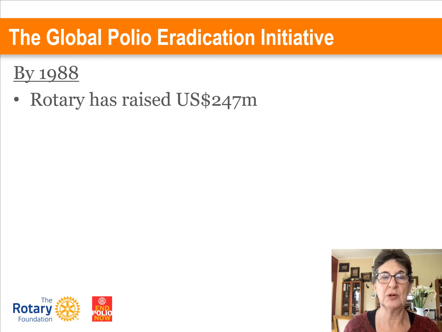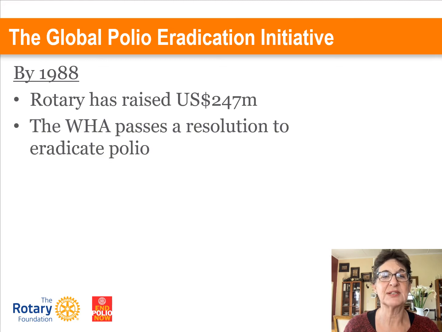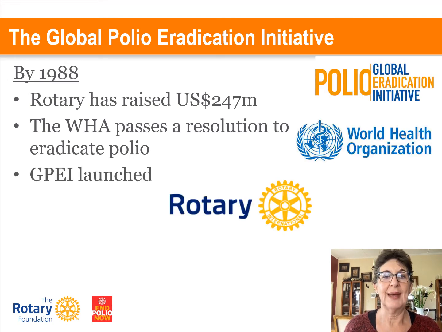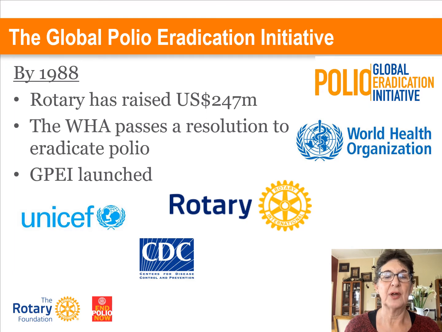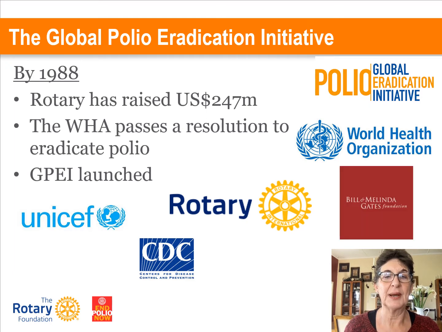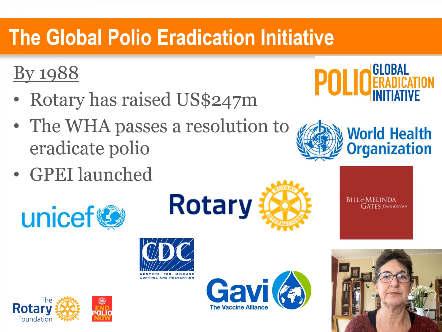They went back to the World Health Assembly and they passed a resolution to eradicate polio and form the Global Polio Eradication Initiative. So you now have Rotary and the World Health Organization. They were joined by UNICEF and CDC, the Centers for Disease Control in America, and the Bill and Melinda Gates Foundation, and then most recently Gavi, the Global Vaccine Alliance.